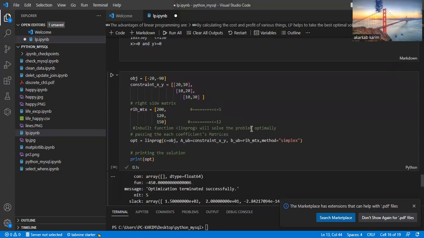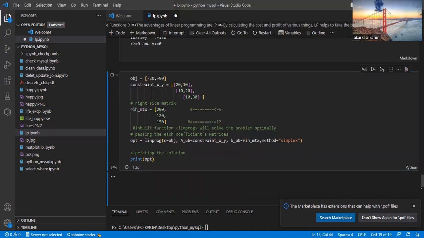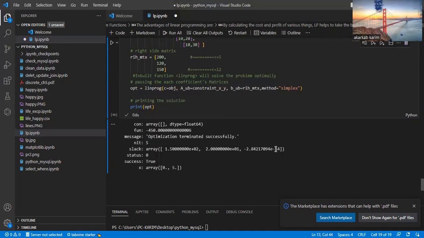Okay, well, I apply again this function of linear programming. I pass my objective function here and the constraints of x and y, and here I pass the right side of my problem. Here I use again the simplex method. So when I run it, this is the result I get: 550.